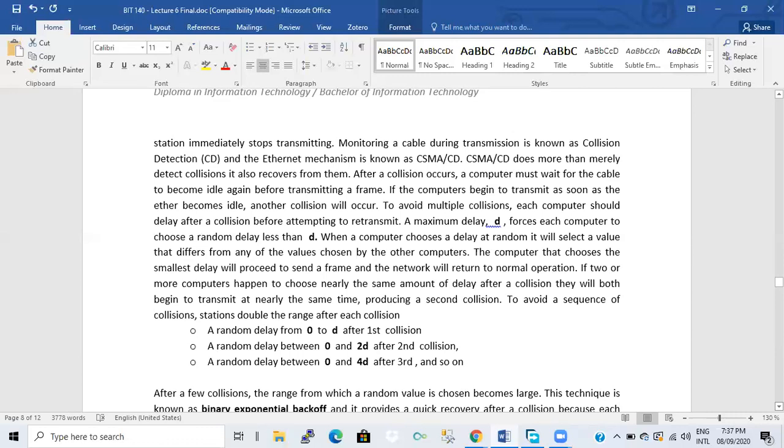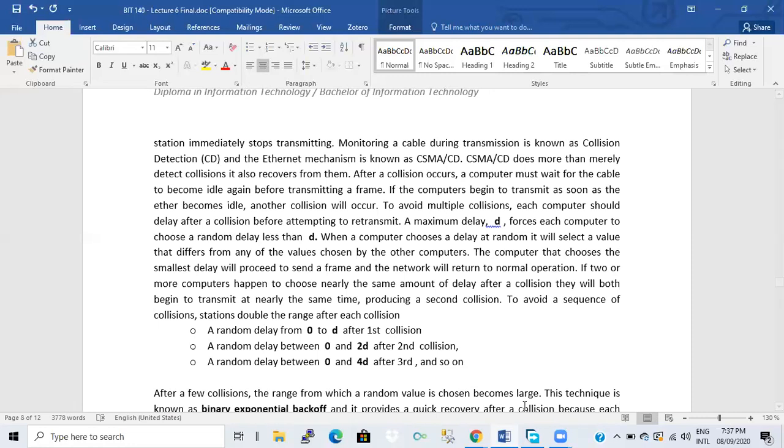If two or more computers happen to choose nearly the same amount of delay after a collision, they will both begin to transmit at nearly the same time, producing a second collision. To avoid such a sequence of collisions, stations double the range after the collision.